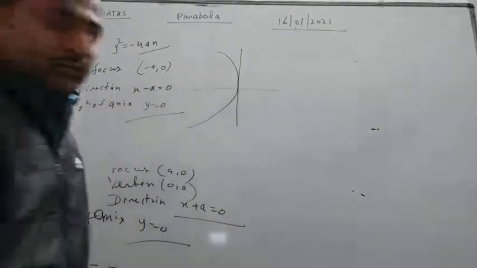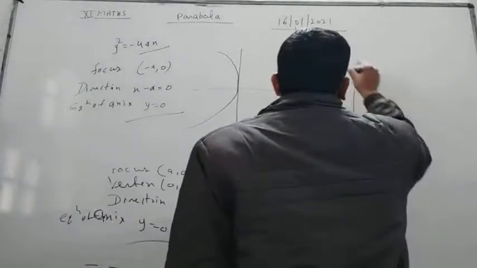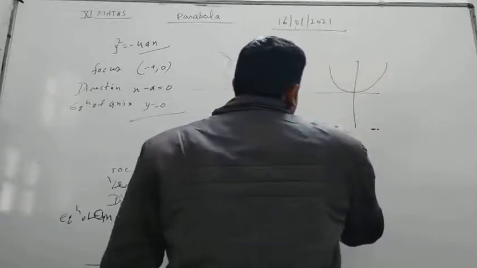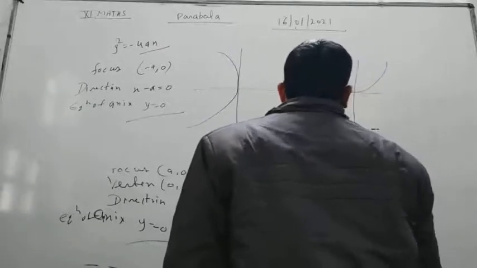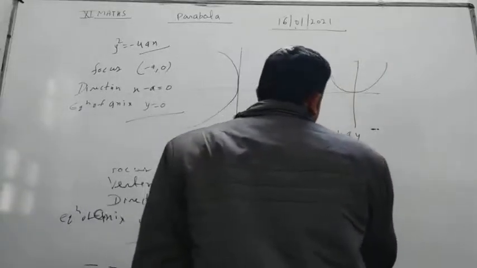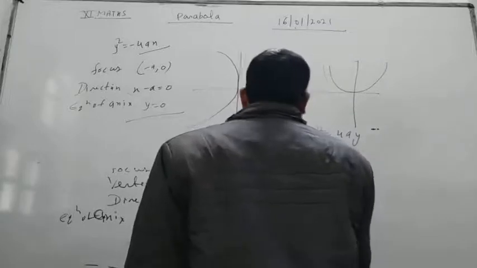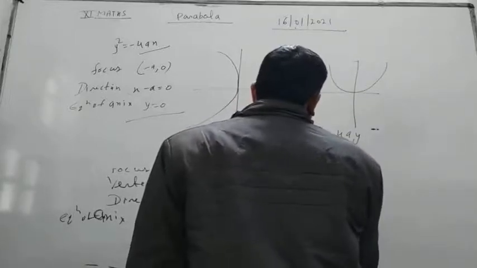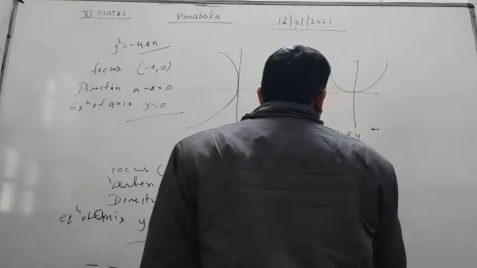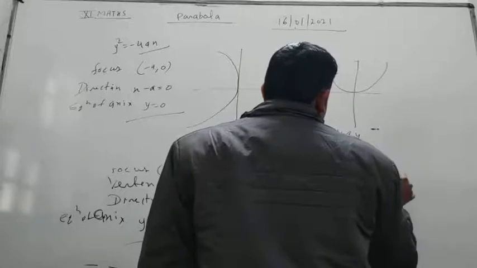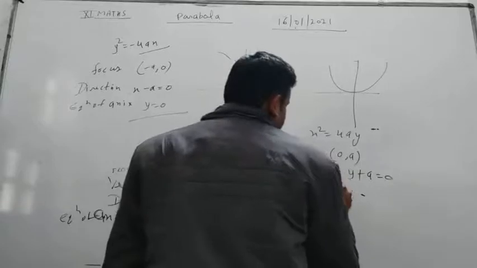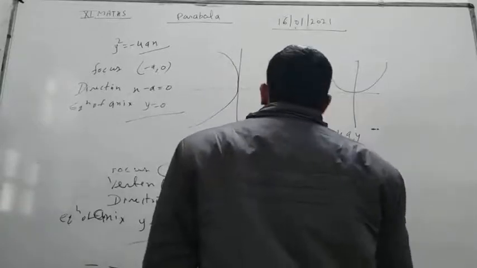When the parabola lies like this, then in this case x square is equal to 4ay. In this case our focus is (0, a), and directrix is y plus a is 0, and vertex is always (0, 0).